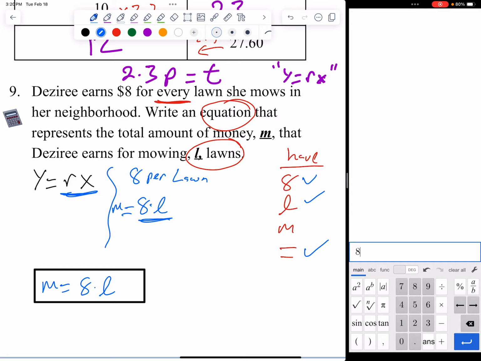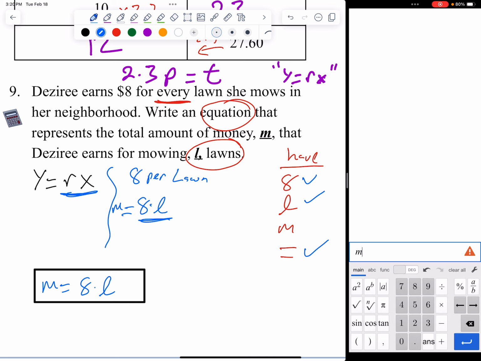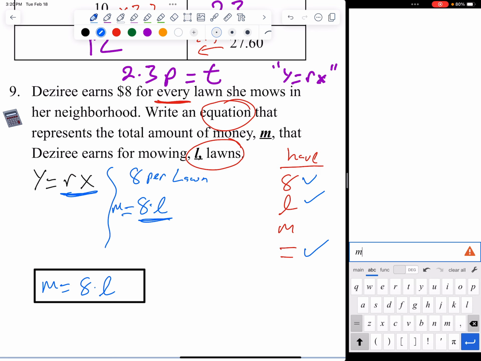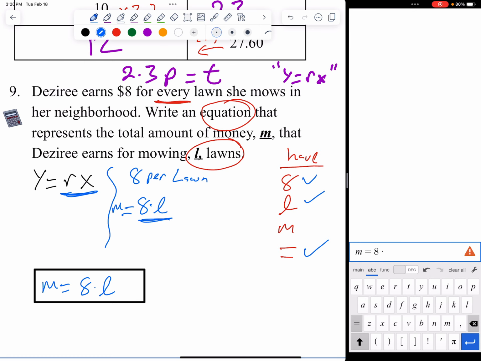And again, you could have said 8 times and then the letter, because they don't have it. So maybe on your thing it says M, and then you can put equals 8, and somebody else can put times L. Do you see that? That's how your calculator works, it's the same kind of thing for the keyboard.